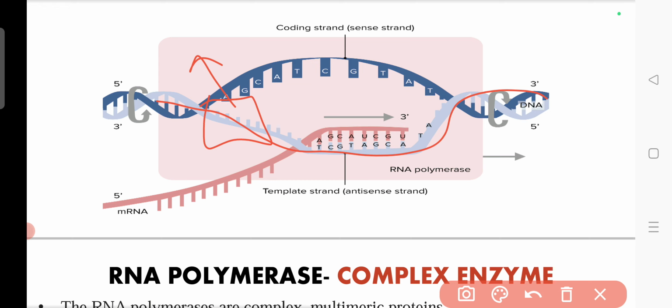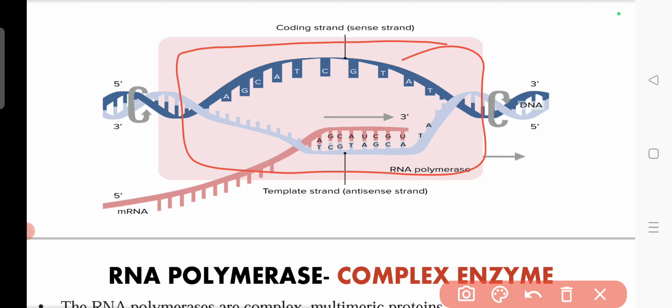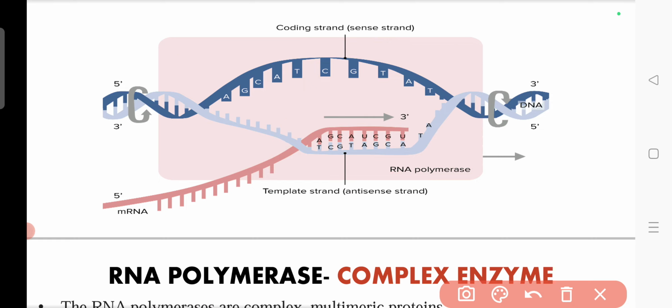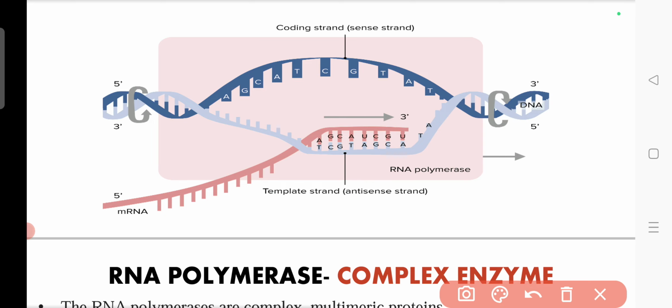These specific sites are known as initiation sites or promoter regions, and they are identified by the sigma factor. So the RNA polymerase contains the sigma factor, which identifies the initiation site on the DNA template strand, or the promoter region, and makes the binding of the RNA polymerase molecule. This is shown in pink color on the DNA template strand.